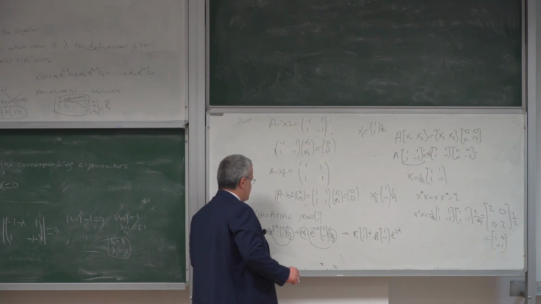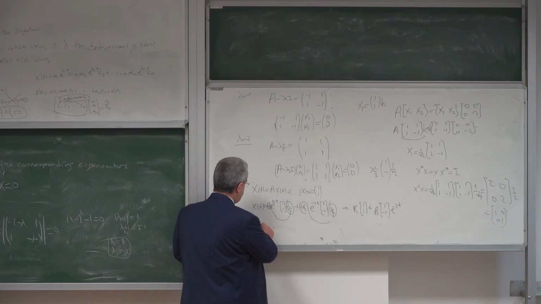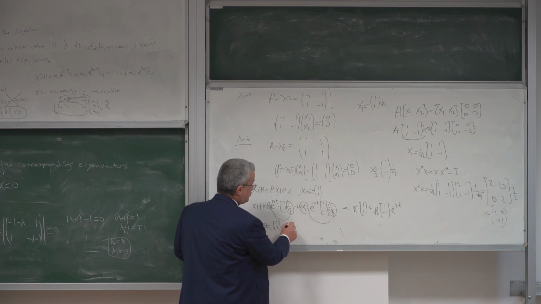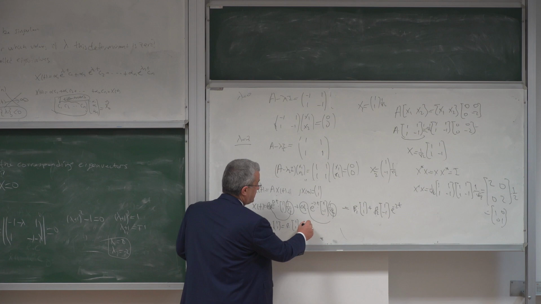Now let me satisfy the initial condition. So x0 should be equal to, we said 1, 1, and that should be equal to beta 1 times 1, 1 plus beta 2 times 1, minus 1.